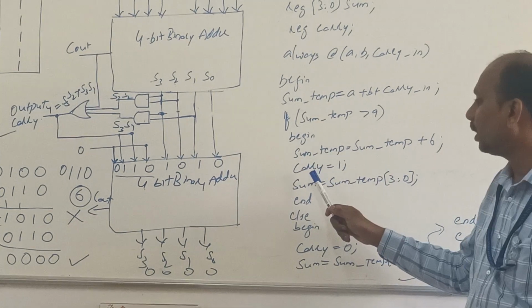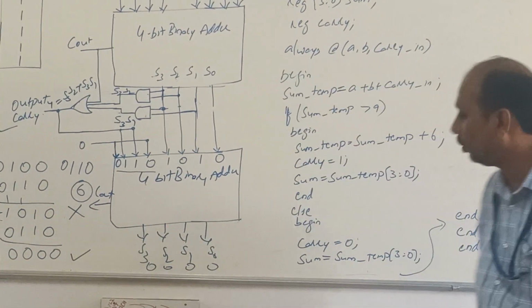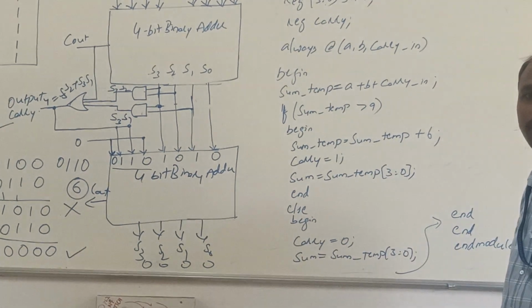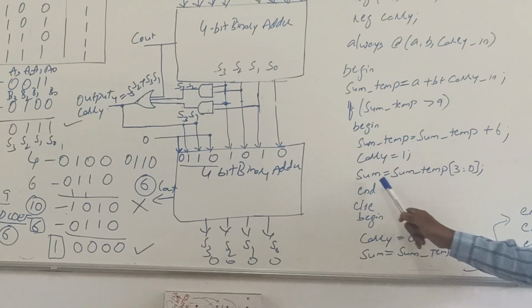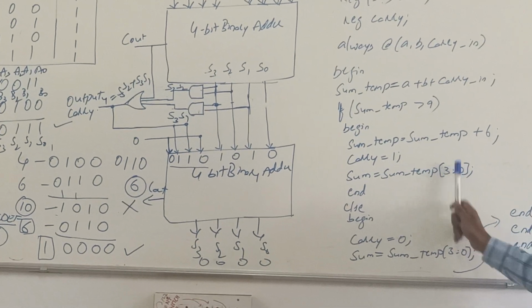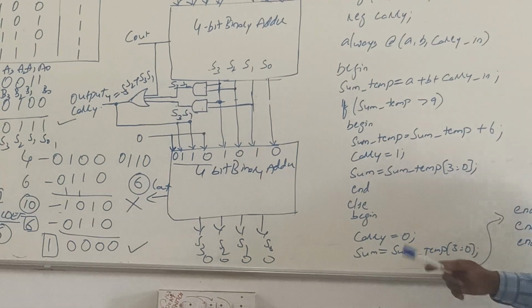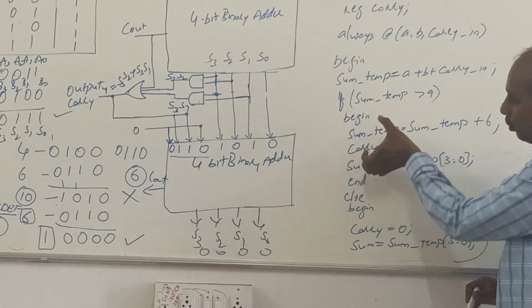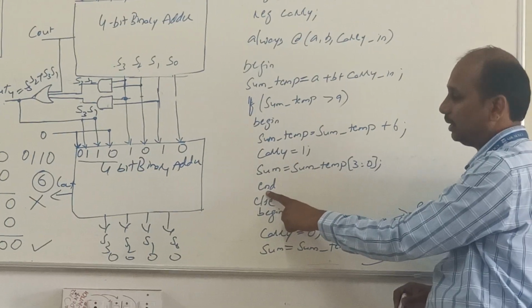Once it is done, I make my carry equal to 1. Finally, whatever the sum temp value is, I store it in one more variable called sum. Now this is where I end my program for this if. I started with begin, so I am doing an end here.